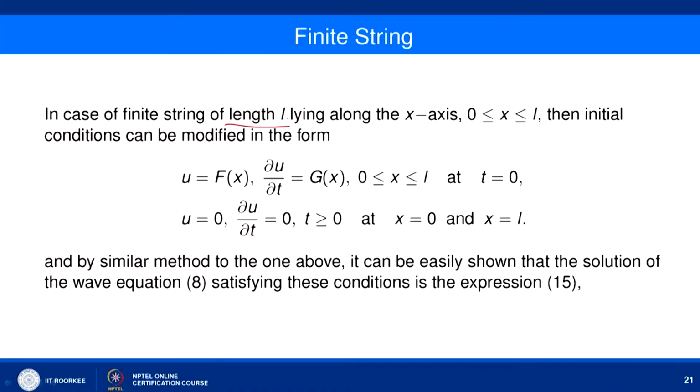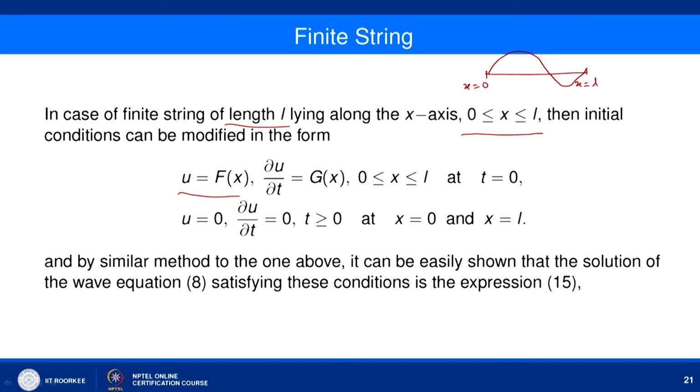So, in case of a finite string of length L lying along the x axis where x is between 0 and L, here your string is now clamped at two ends, say x equal to 0 and x equal to L. So, here now we want to see the vibration in this string. Suppose the initial condition is given as u equal to f(x). It means that the initial shape is something like this.